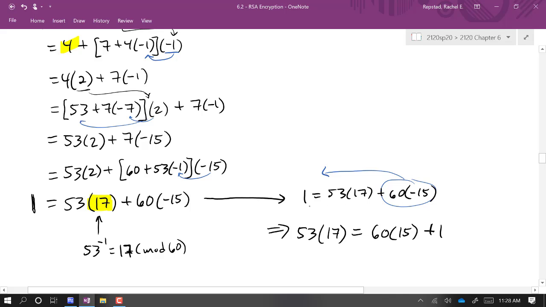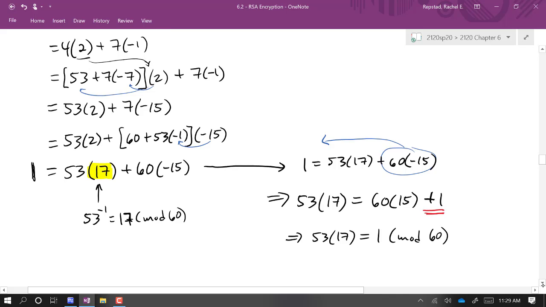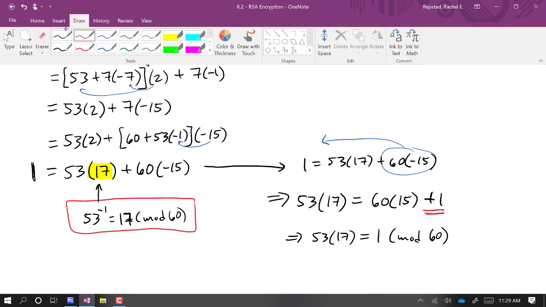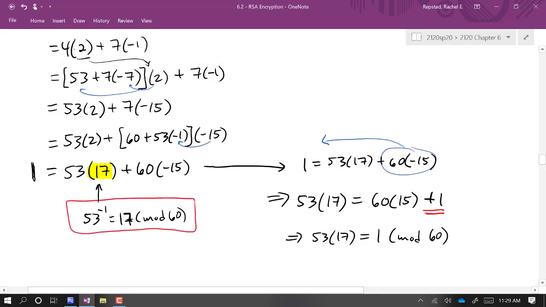Positive 15 because basically I subtracted this when I moved it over to the other side. And you can check that this is true. When I multiply 53 times 17, I get 1 more than a multiple of 60. And that's what it means to say that 53 times 17 is equal to 1 mod 60. And that's why 17 is the inverse of 53 mod 60. So there's our result. Here's how we can find the inverse of a number using the extended Euclidean algorithm.